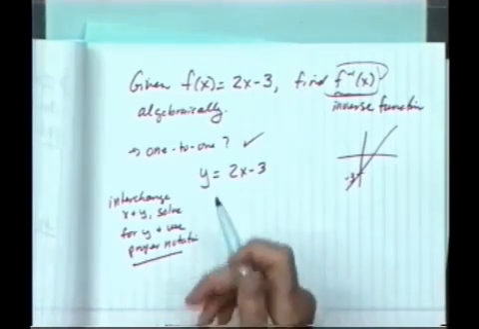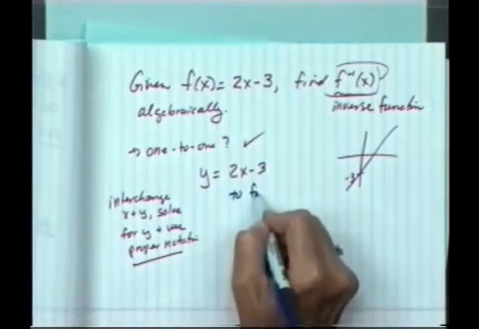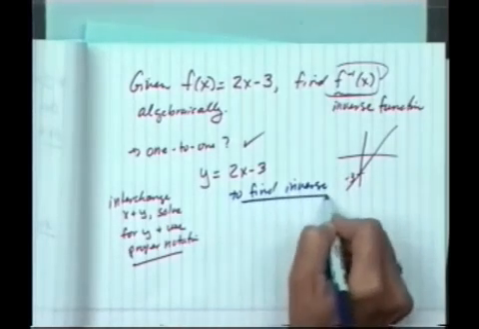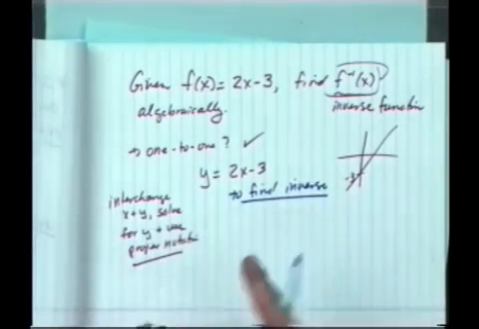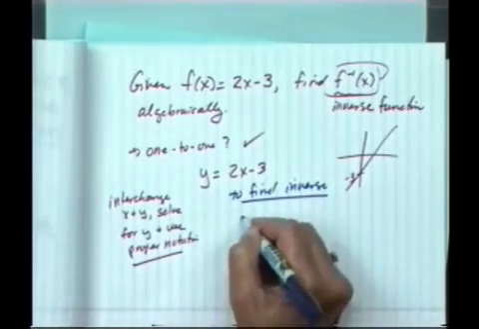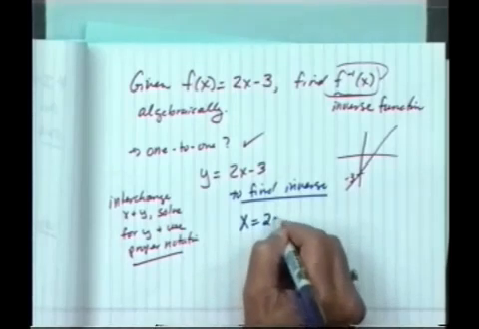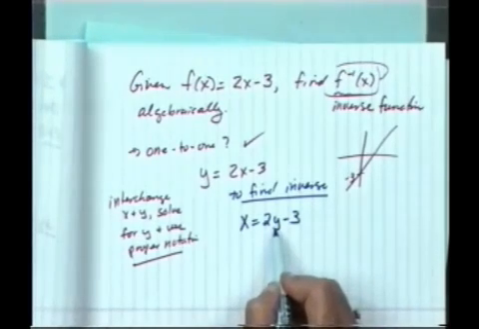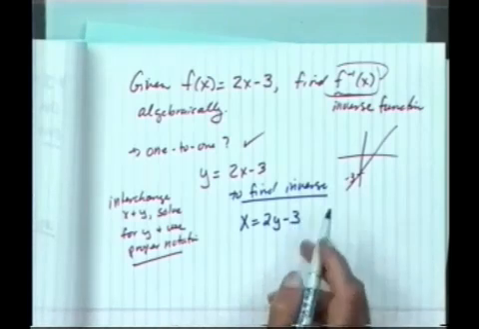So, to find the inverse, the first thing we're going to do is interchange domains and ranges. So we have x equals 2y minus 3. Okay, and now we're going to solve for y.